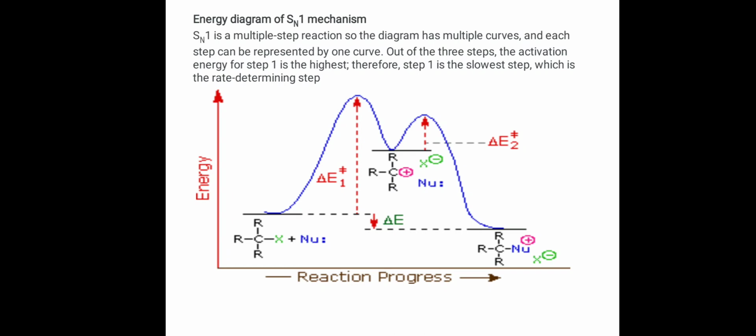Again, the nucleophile adds to the carbocation to form the stable substituted product, that is, the nucleophilic substitution product. In this reaction, compared with the starting alkyl halide, the energy is lowest in the product. So the reaction is exothermic. Generally, exothermic reactions liberate energy, which means the product is more stable.